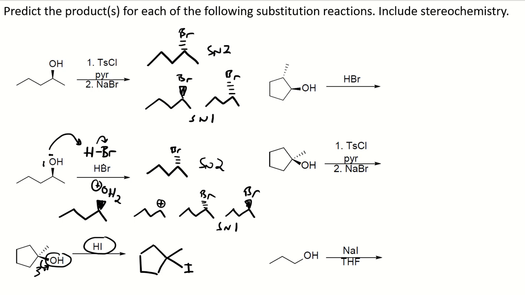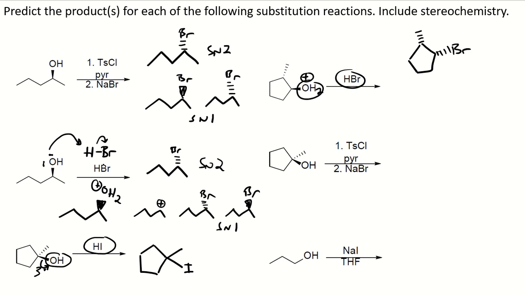On the top right, same thing. We have an alcohol. We have an acid. We're going to protonate that alcohol, making it a good leaving group. If we did an SN2 mechanism, because it is secondary, we could do SN2. We'd put the bromine as a dash.